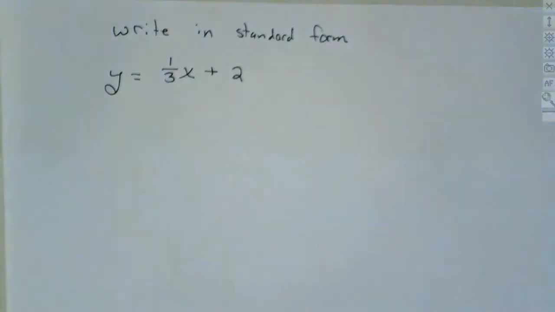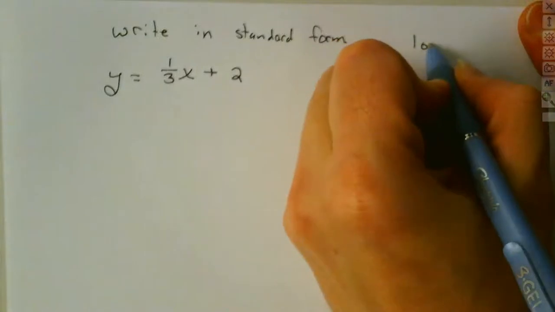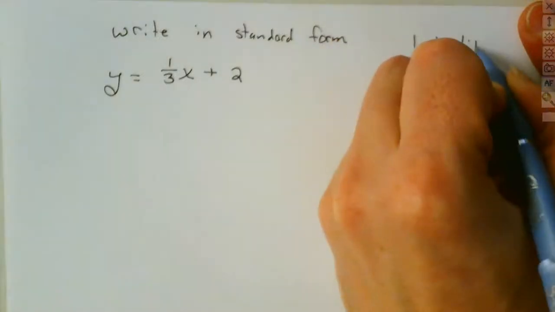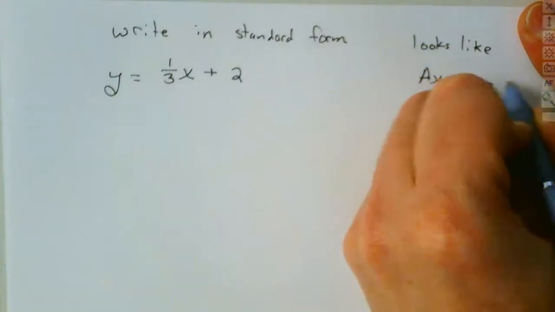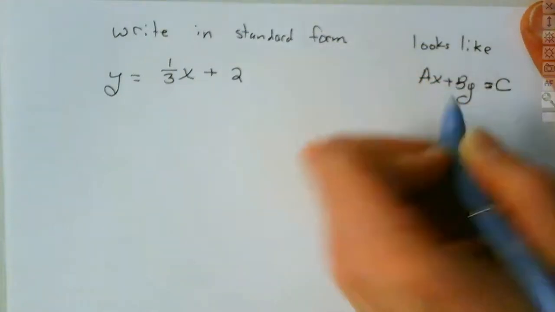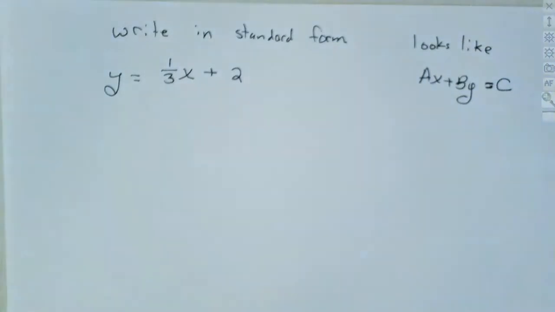Now, we need to get this in standard form. And what does standard form look like? Well, standard form looks like this: ax plus by equals C. So the x and the y have to both be on the left.